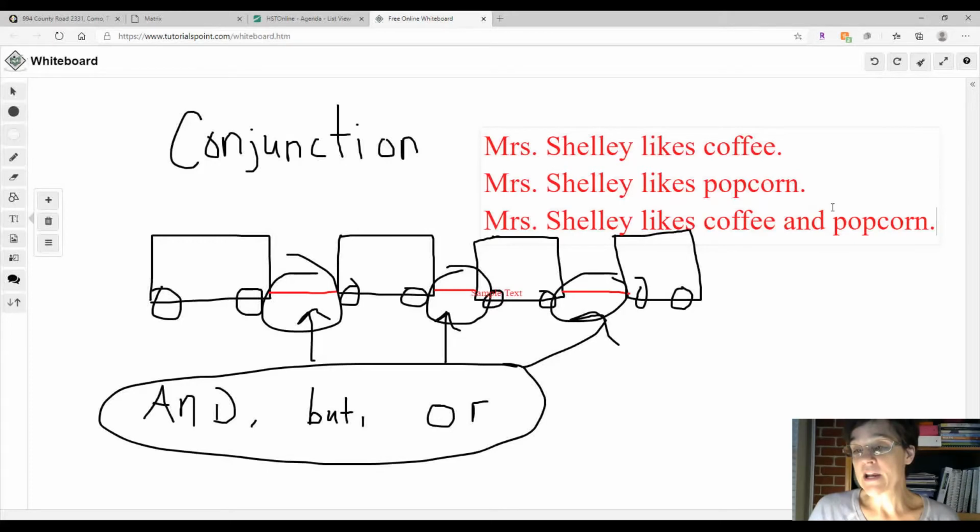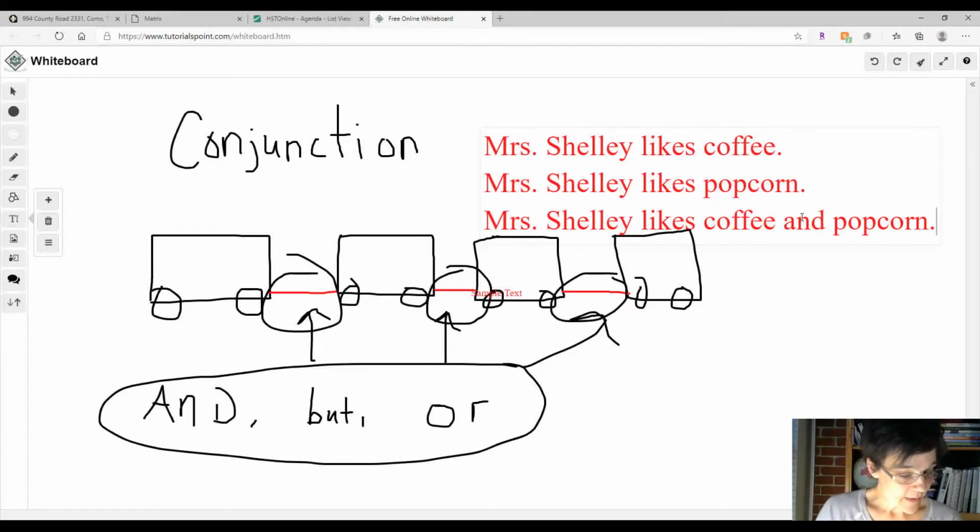So, and right here acts like a conjunction. It conjoins these sentences. Now, this would be a simple sentence, and this would be a simple sentence. When we put that together, we have a compound, because this one has one subject. Well, actually, this is a direct object, and this is a direct object. We put these together, and they're compound because it uses the word and. Okay, that's just one way that we can do it.